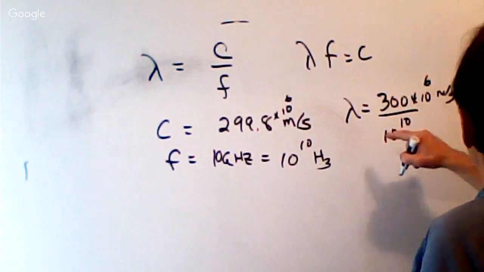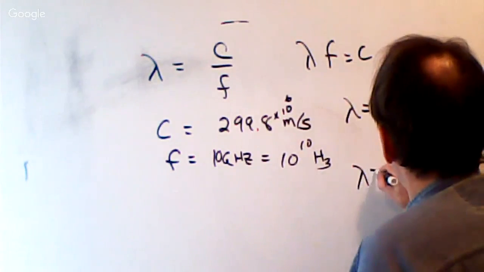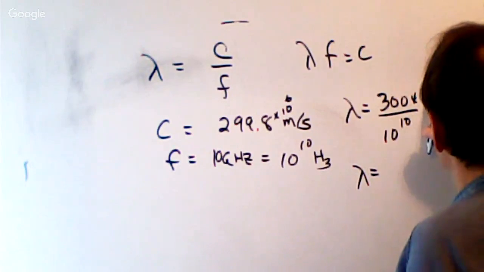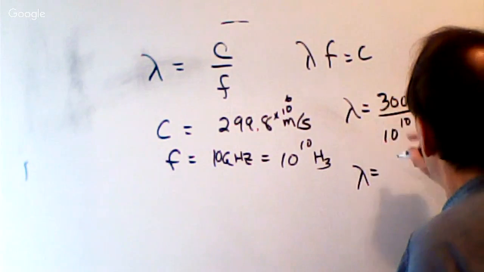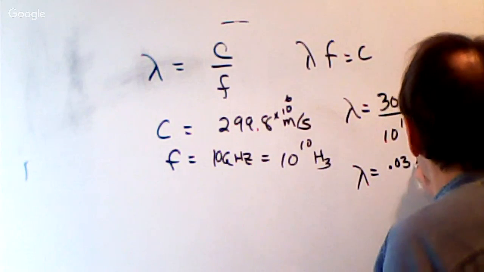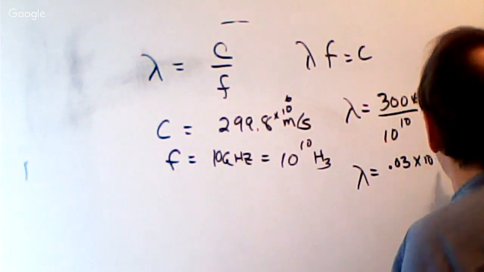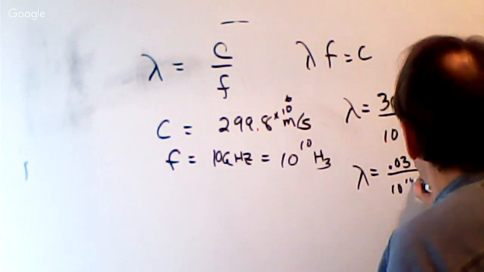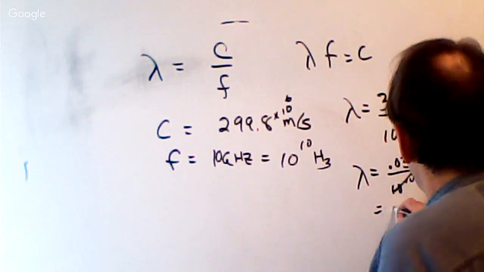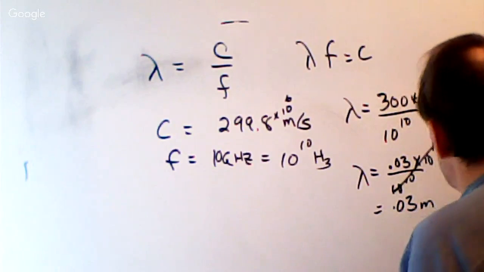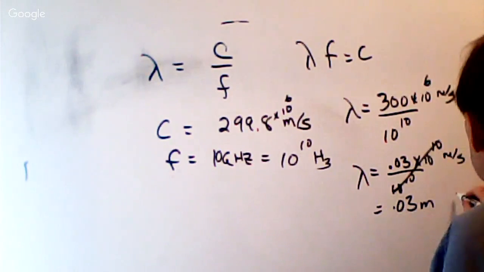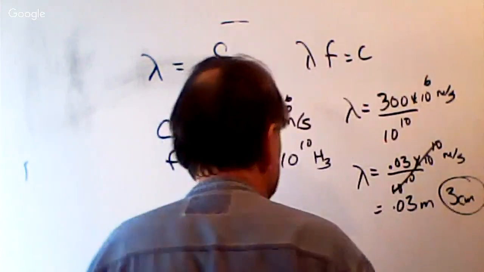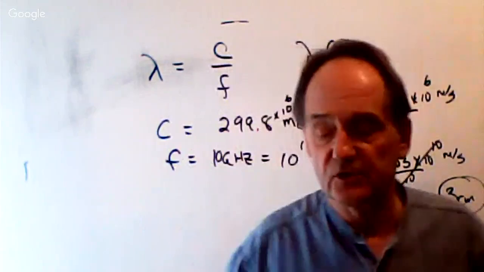So we see then that lambda, the wavelength of a 10 gigahertz signal, is 0.03 meters, or 3 centimeters. A 10 gigahertz signal has a wavelength of 3 centimeters, very short.